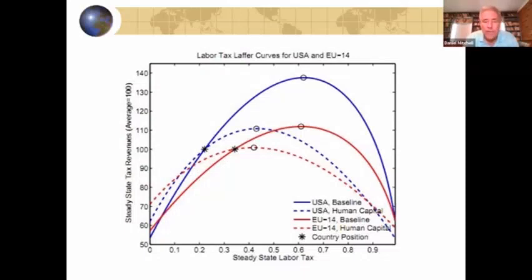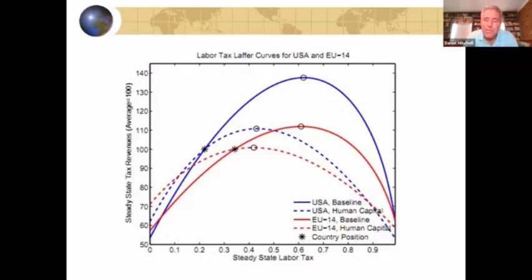I'll show you another one for capital taxes. I share this chart because you can see that they estimate that the revenue maximizing Laffer curve has a higher tax rate than what I showed earlier. I put it at about 30%, and they're putting it, well, depending on whether you're including human capital, between 40% and 60%.